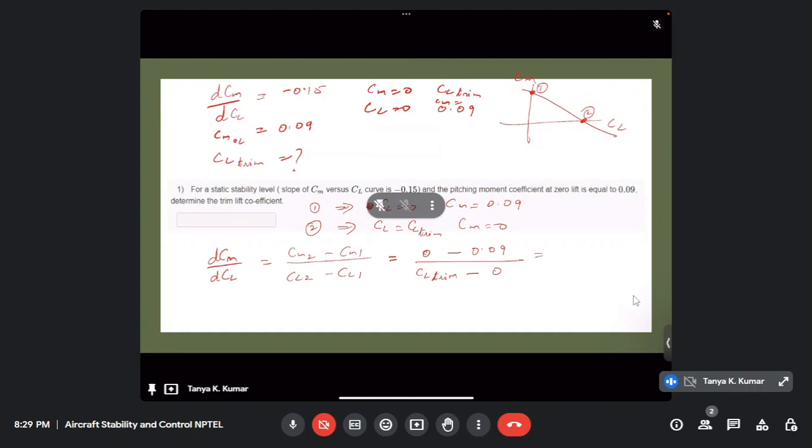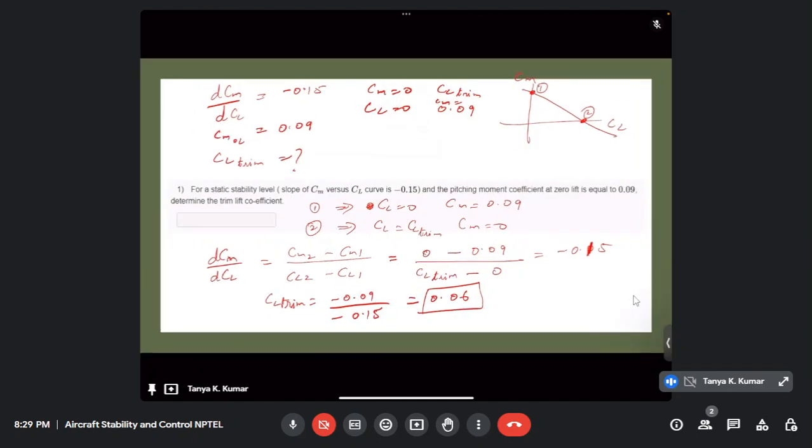This value you know is minus 0.15. Can you find out Cl trim from here? What is the value? It is minus 0.09 by minus 0.15. How much is this quantity? 0.06. That is the answer.